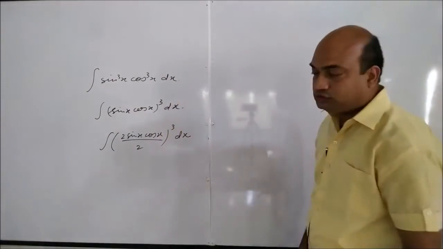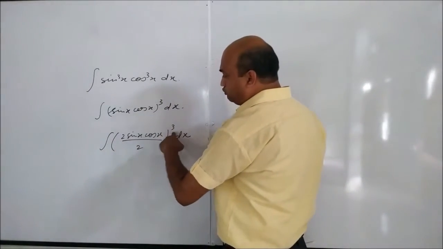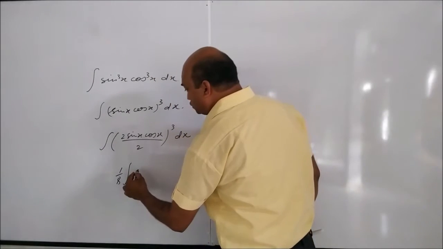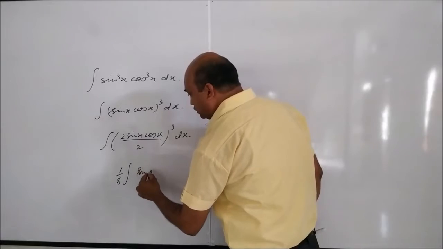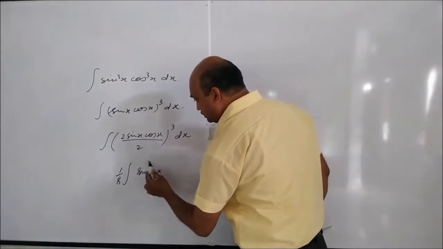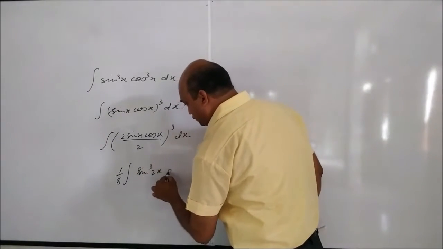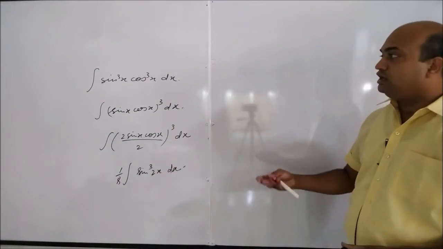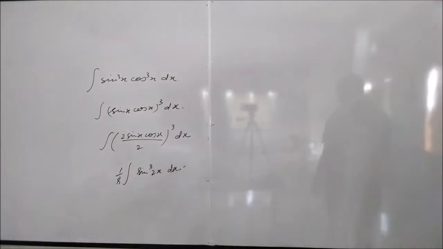Multiply and divide by 2. Now this 2 cube will be 8, so 1 by 8 out, and 2 sin x cos x will be sin 2x dx. After this, it can be solved in the same way as we have solved the first two questions.